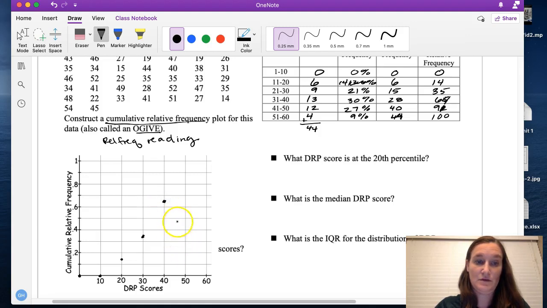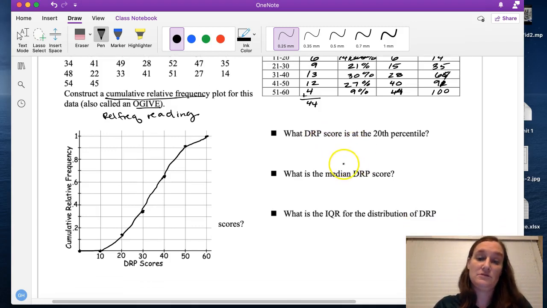And 91, 92, somewhere around there is going to be just right in here. And then you should always end up at 1 at the top, right? And then you connect the dots. You don't have to make it look nice and curved. You can just draw straight lines, and I'm going to fail at that. I'm getting better with this, but it's really not very good.